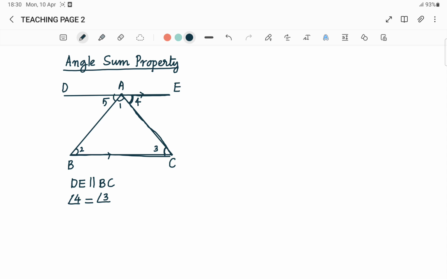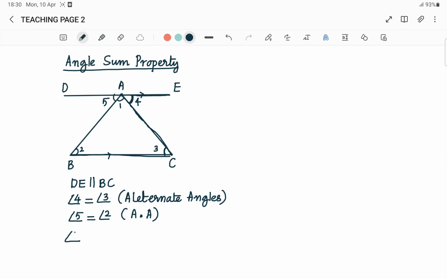So 4 and 3 are alternate angles. Similarly, I can write angle 5 equals angle 2, same reason, alternate angles.